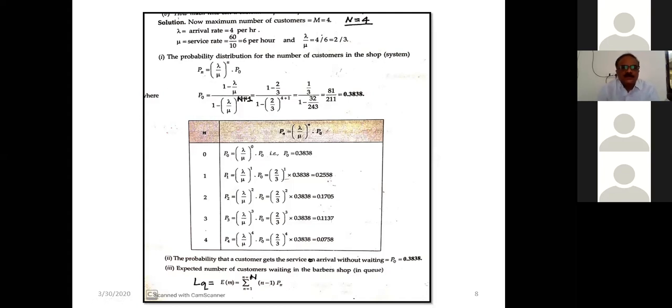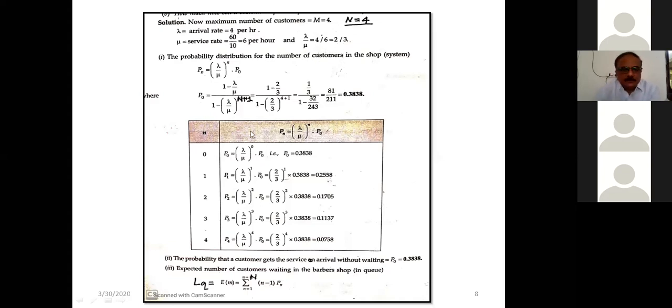So first, for finding the value of Pn, we will need to find the value of P0. P0 is the probability of 0 customers in the queue system. Its formula is (1 minus lambda by mu) upon (1 minus (lambda by mu) to the power n plus 1). This value of P0 comes out to be 0.3838 when you substitute lambda by mu equal to 2 by 3.